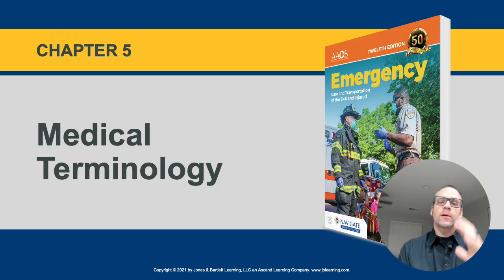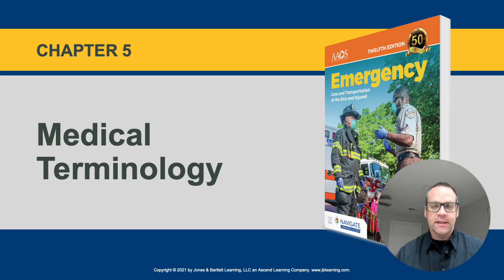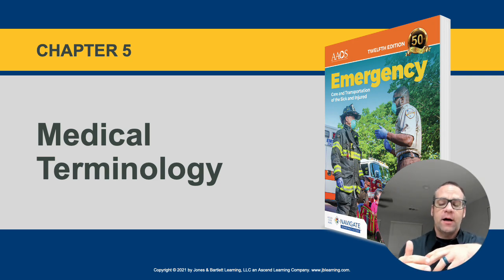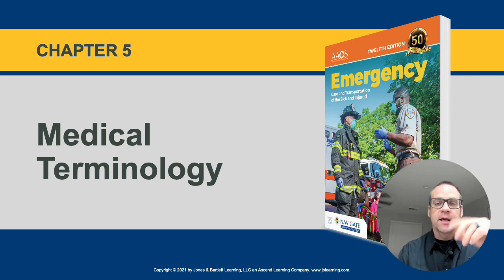This chapter is going to give you the tools to decode medical terminology confidently, so you can perform your role both effectively and professionally. With that being said, let's move forward to the National EMS competencies that guide this content.